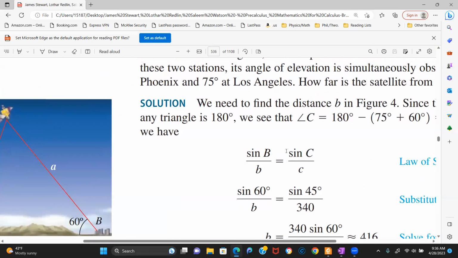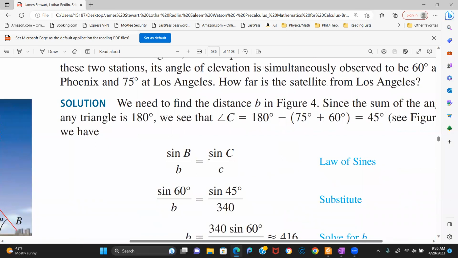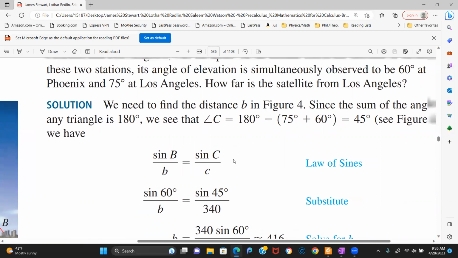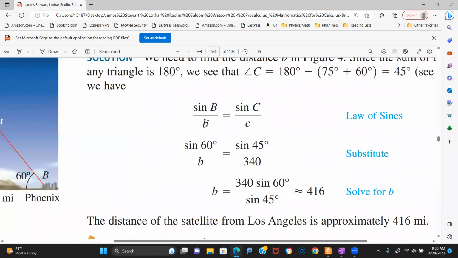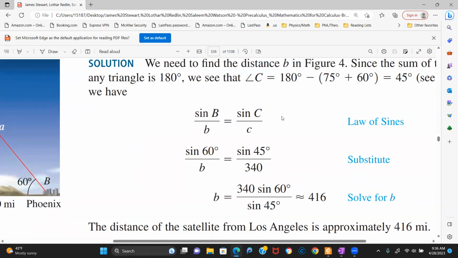Now we don't need to use all three equations in the law of sines. We're just going to use the part involving B and the part involving C. So we have sine of B over B, and then sine of C over C. We were given B, and we were able to figure out C based on this fundamental fact about triangles.